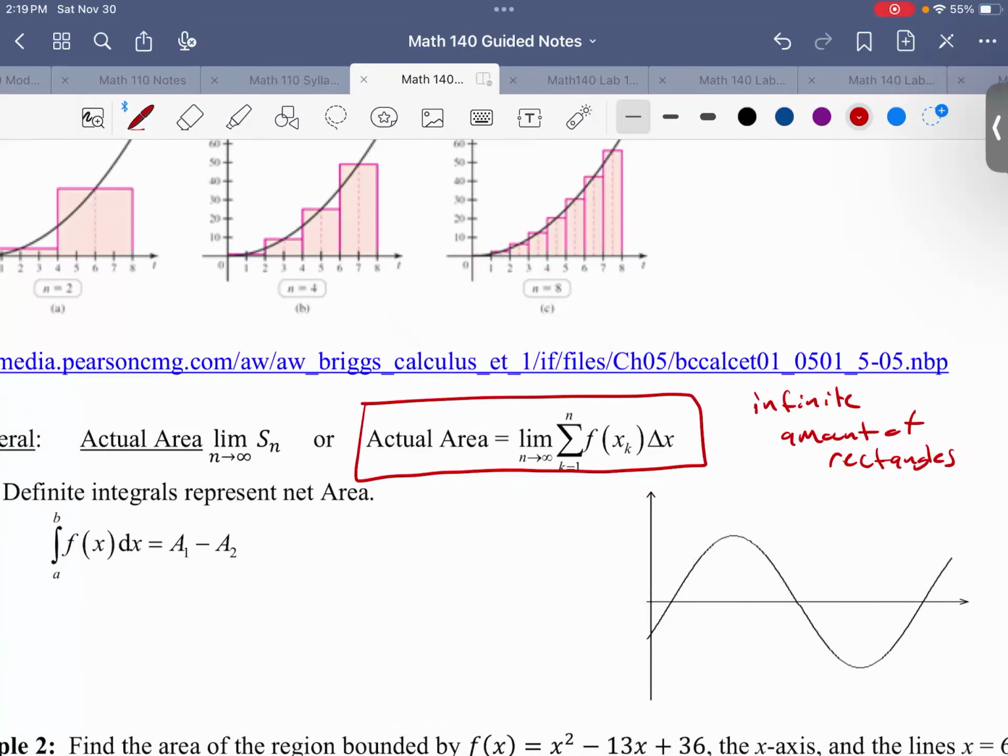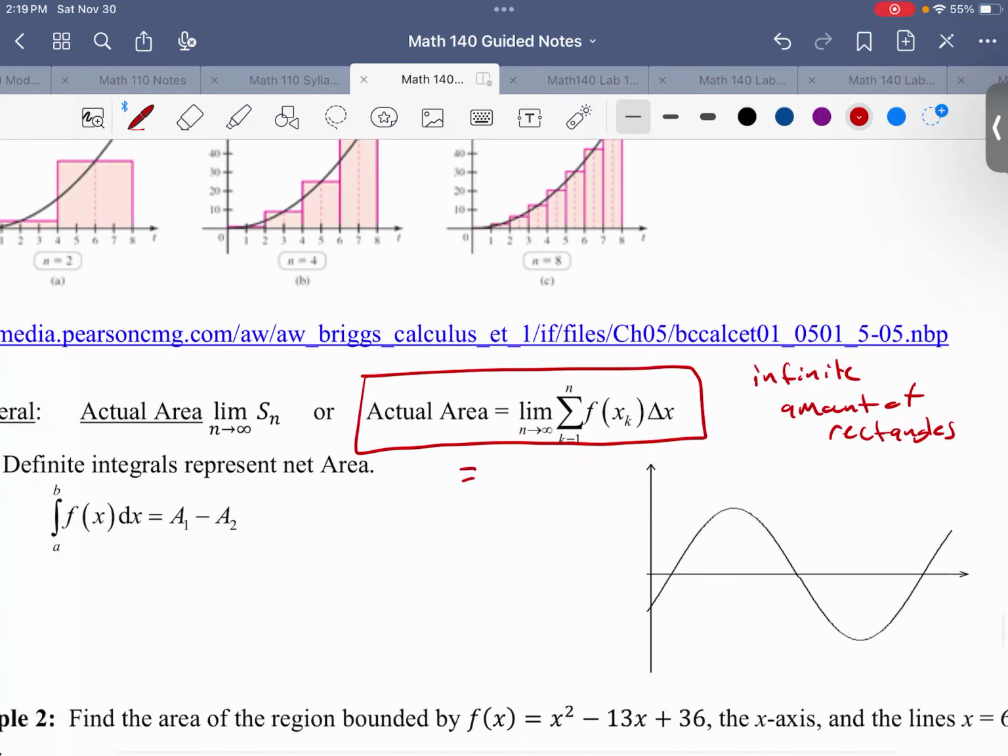And that is ideally our integral from a to b, f of x dx. We're finding the integral on an interval. f of x is like our length, and dx is like our width. And we're taking an infinite amount of rectangles. And that's how we get the actual area.